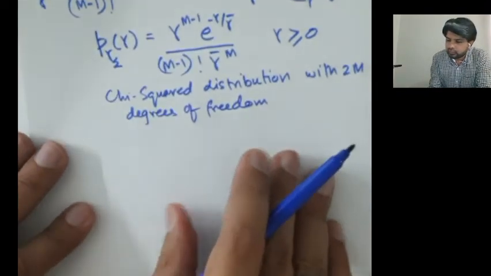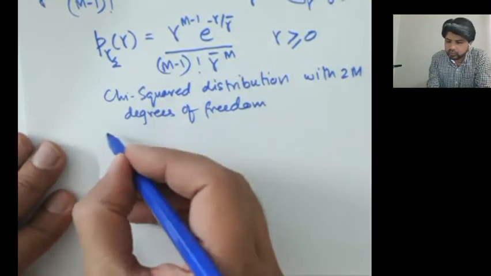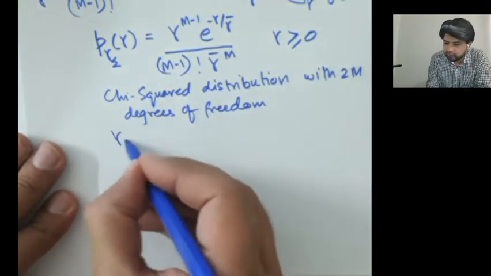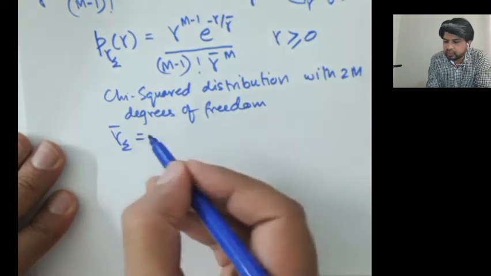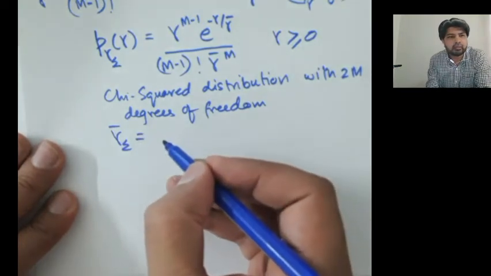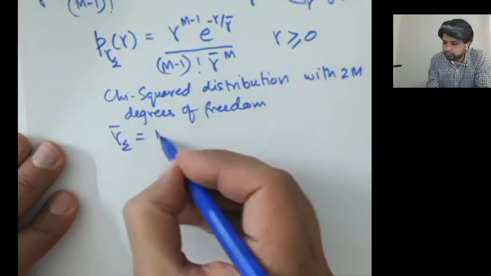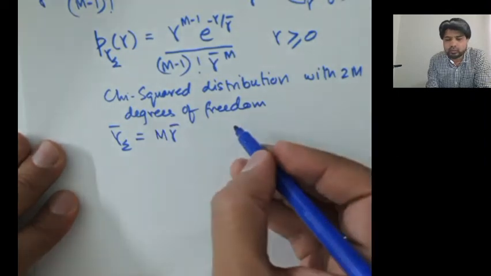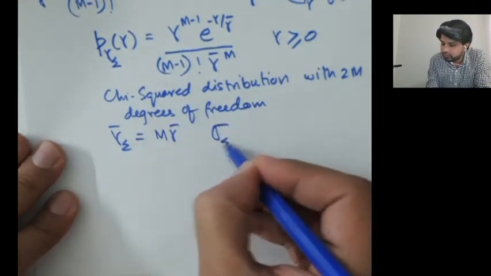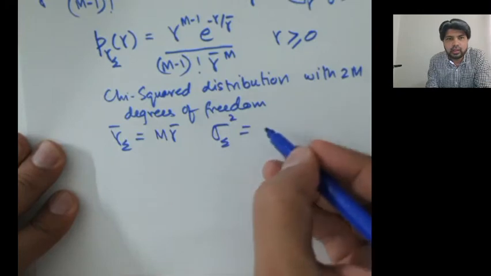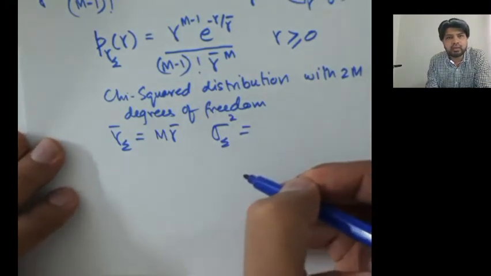Fortunately, we know what the gamma sigma bar is for this distribution. It is nothing but M times gamma bar. Similarly, we also know the variance of this distribution, and it equals 2 times M times gamma bar.